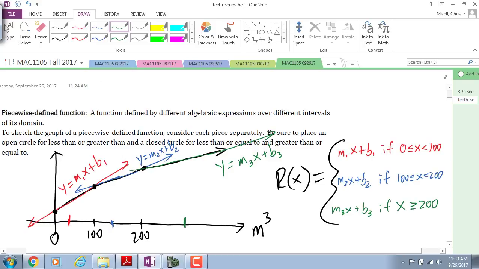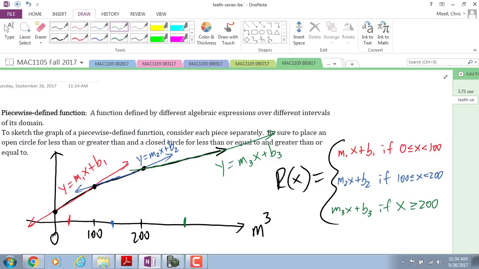It's defined in three different pieces because there are three distinct pieces of the graph, and they're pieces of three different straight lines, and these straight lines are defined using three different algebraic expressions, three different slopes, three different y-intercepts. So basically a piecewise defined function is a function defined by different algebraic expressions over different intervals of its domain.